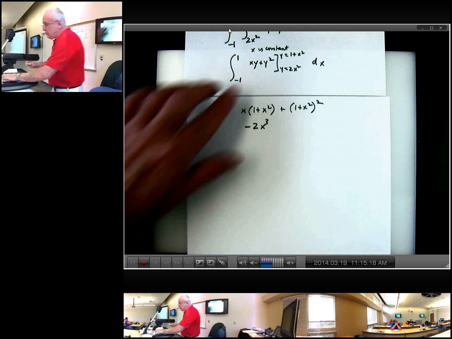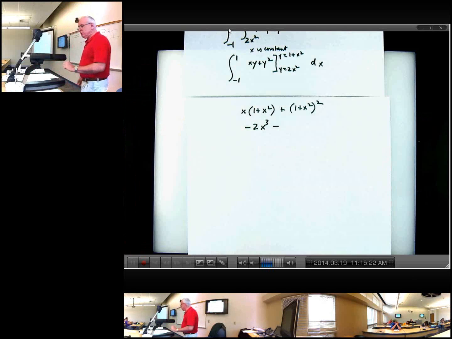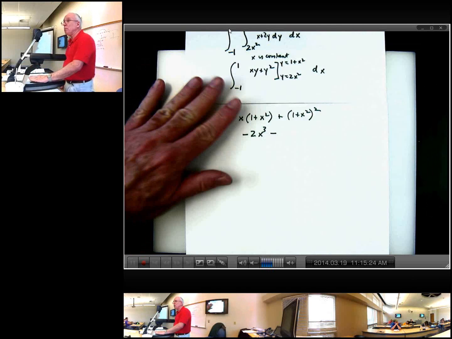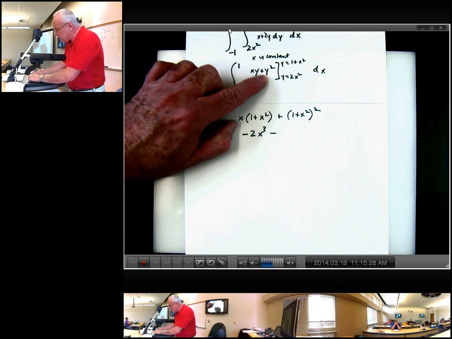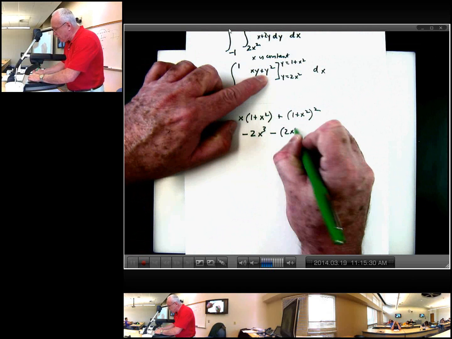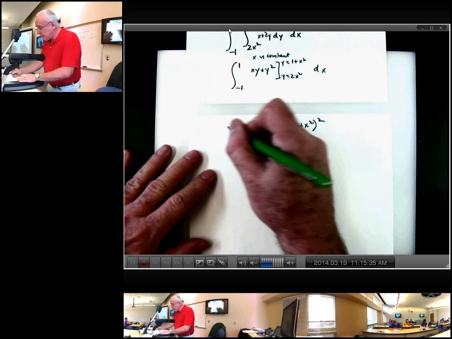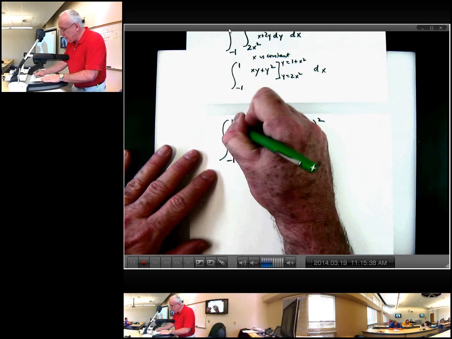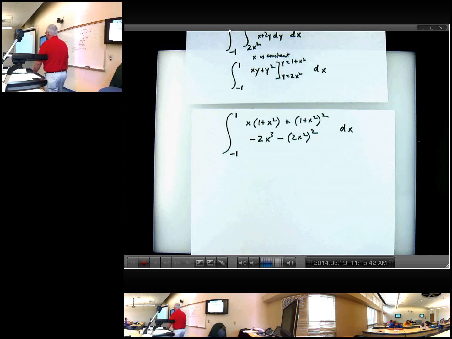And then minus again, and so this is where there's all kinds of opportunities for mistakes. And here then we square the y, so that's parentheses 2x squared, and I'm going to square that. All right, that's all of that. We're then going to integrate from -1 to 1 dx.